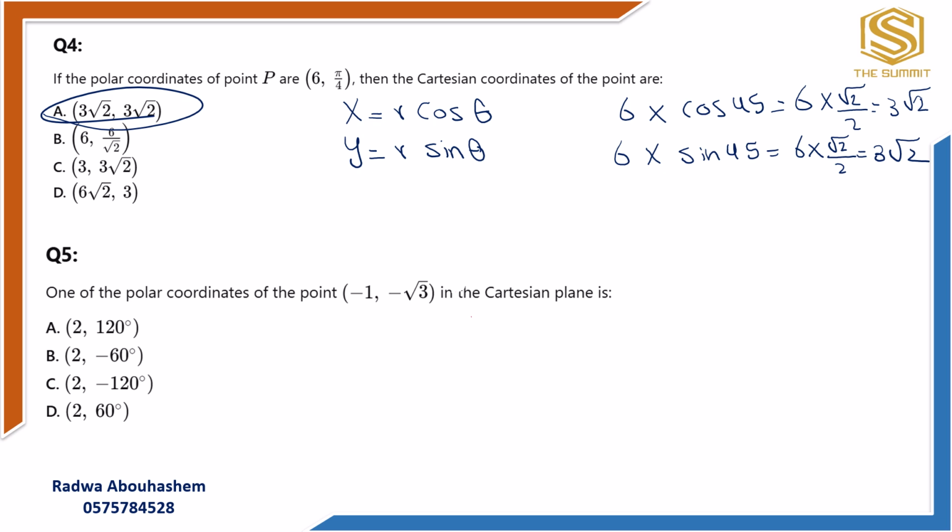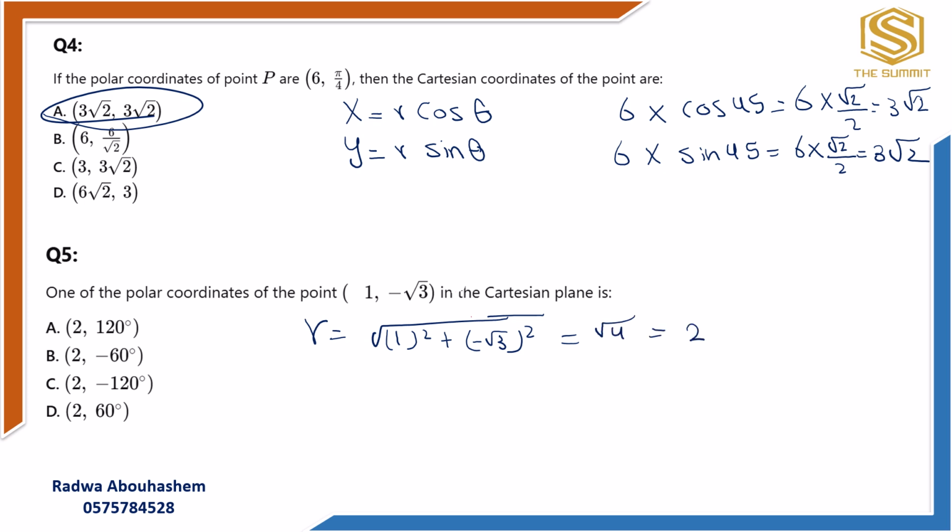Question number 5, one of the polar coordinates of the point negative 1 and negative square root 3 in the Cartesian plane. So here, let's try to apply the rule. The r is the square root of 1 power 2 plus negative root 3 power 2. It gives me the square root of 4, which is 2.